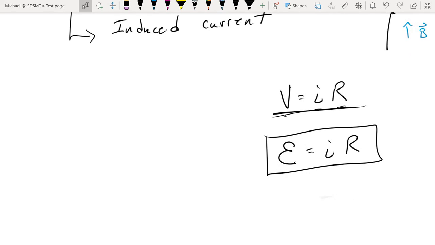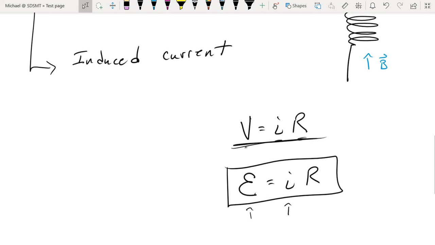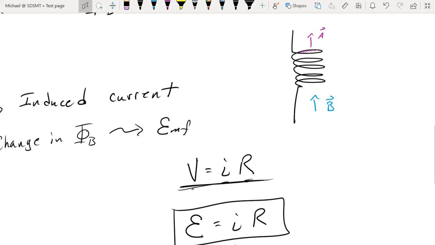But Ohm's law says if you have current in a system, there has to be some kind of driving force, some kind of electric potential. And so what we're going to see is that the change in magnetic flux is going to create an electromagnetic force in this coil.